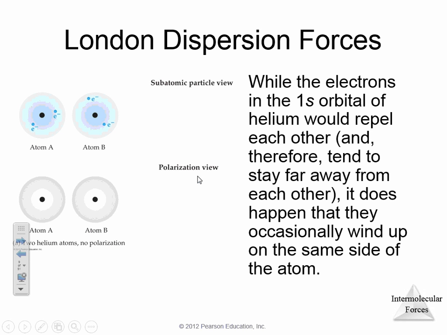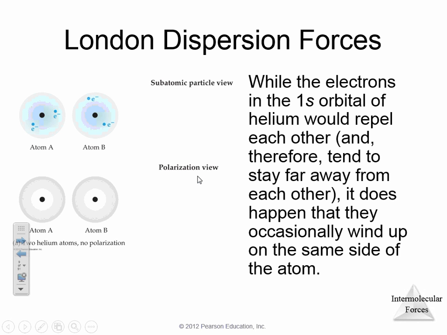So we are first going to start with London dispersion forces, and we're going to kind of tell a story. If we look at a helium atom as our example, the helium atom has 2 electrons. One would say that the electrons are always going to be at opposite sides of the atom because they repel one another, correct?